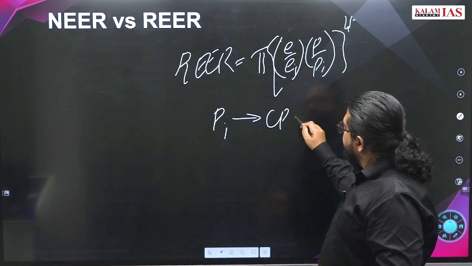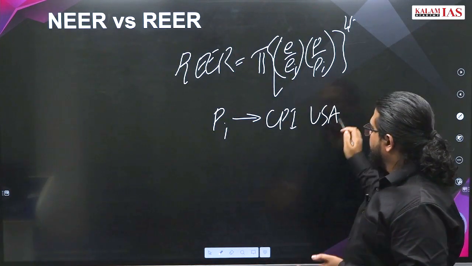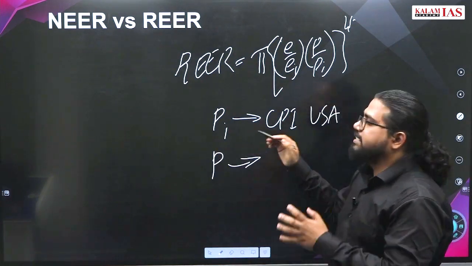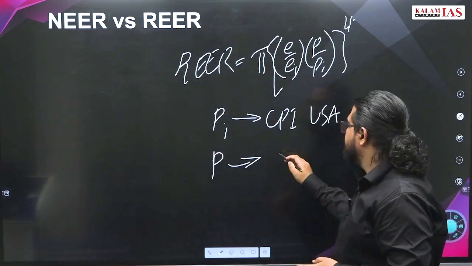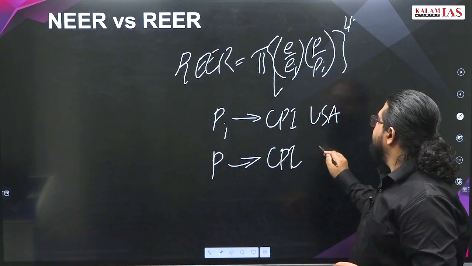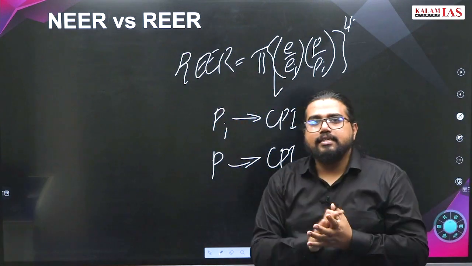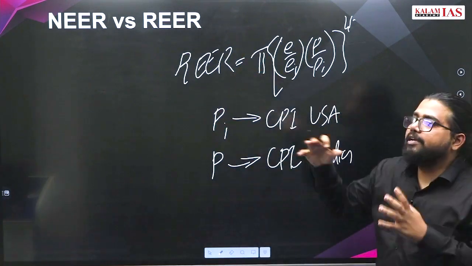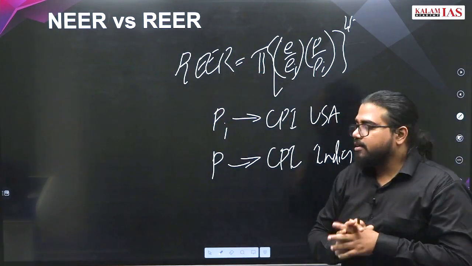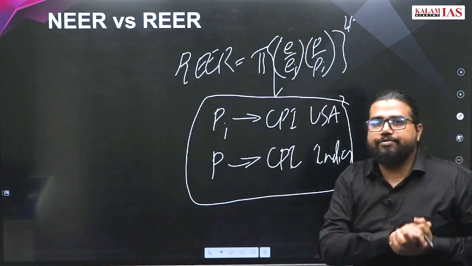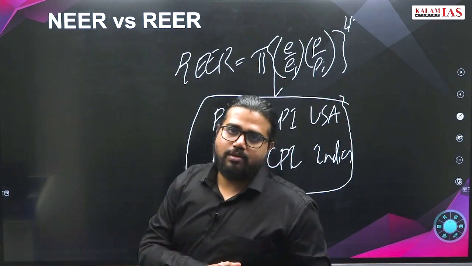Suppose CPI in the USA, if we are considering it against the US dollar. P is the inflation index in the domestic currency, that is in rupees, CPI in India. It will follow the same trend as NEER is following if the rupee is appreciating. Considering that the inflation figures will also play an important role.